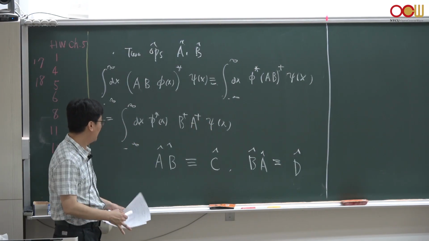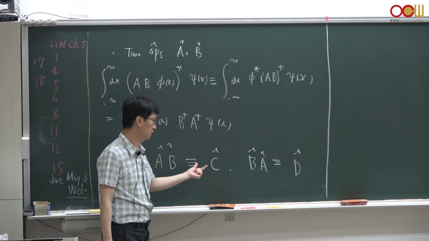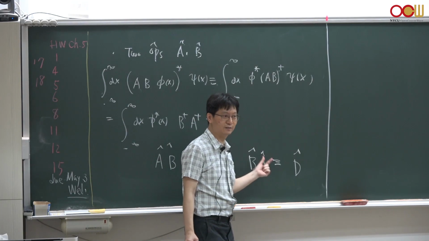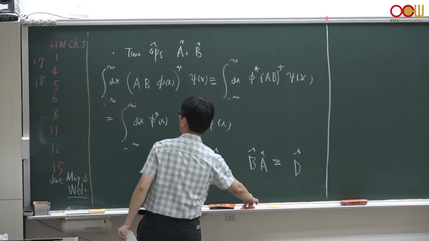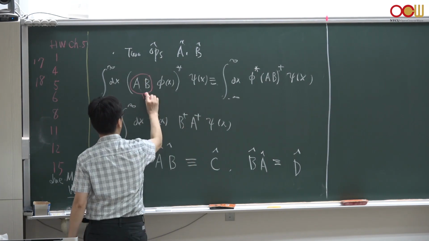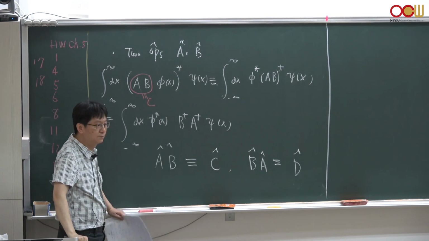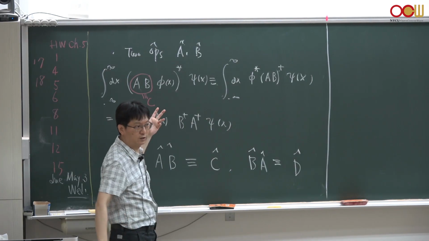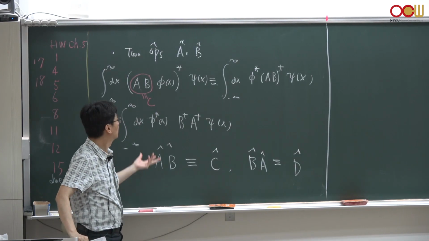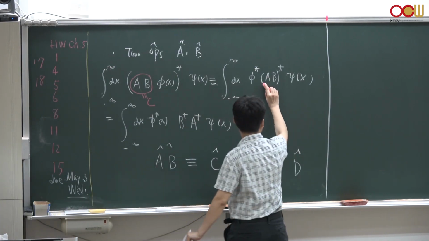But in any case, AB plays the same role as some quantum mechanical operator C, and so does BA. So if I consider AB as just some single quantum mechanical operator C, then I can simply follow the definition of the Hermitian conjugate of a single operator.